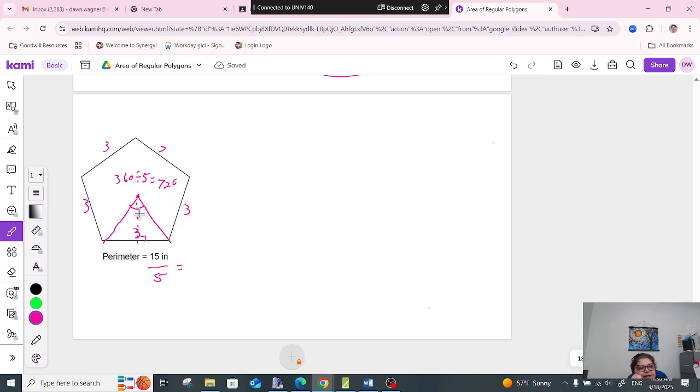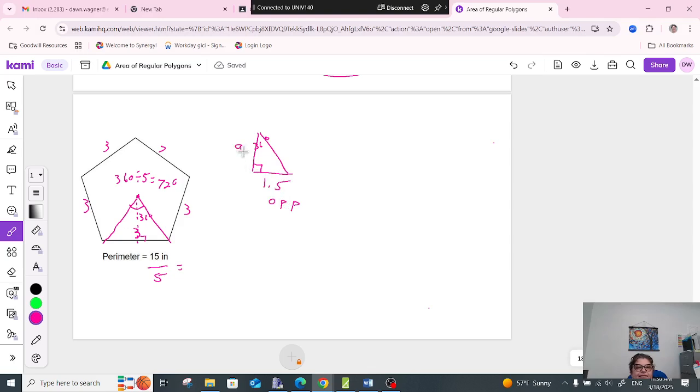And half of that is 36 degrees. So we end up getting this triangle where this is 36 degrees here. This is half of 3, which is 1.5.